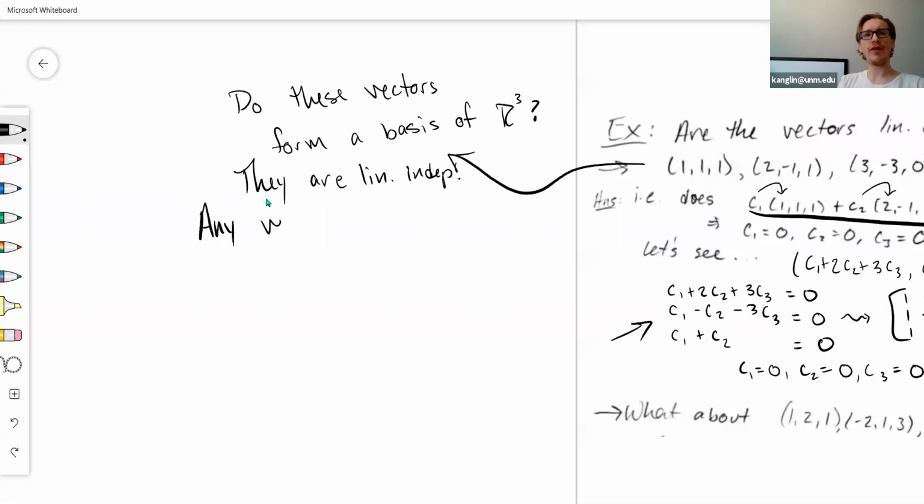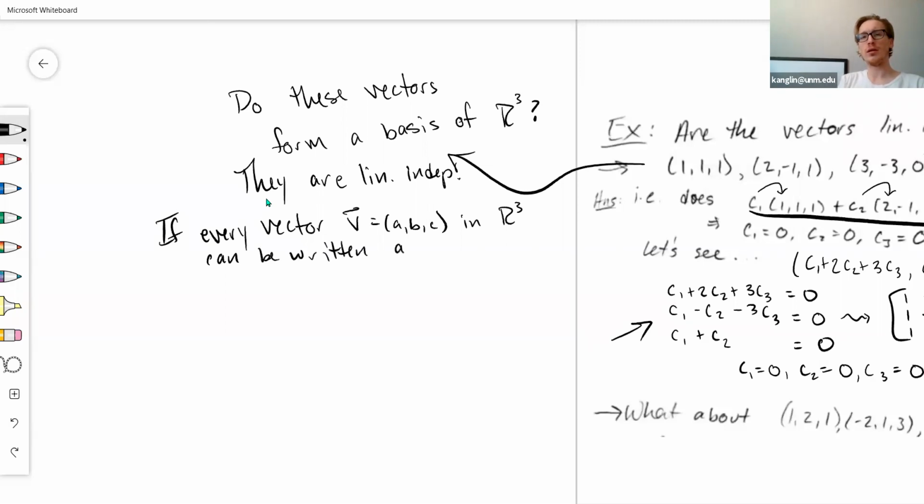So we say, let's say it this way, if every vector (a, b, c) in R3 can be written as a linear combination of the vectors, then what would that mean?